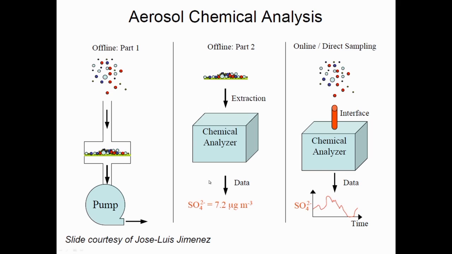Because if, for example, you have sulfate measured at a certain amount, so here 7.2 microgram per cubic metre, you don't know if that's equally spread across all of the particles or just in a few of the particles. So filter techniques lose the individual identity of the components of the individual particles.